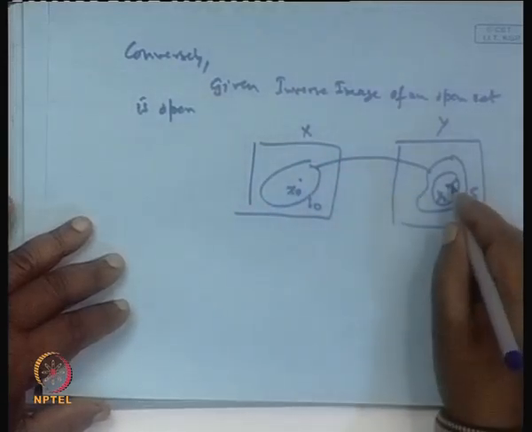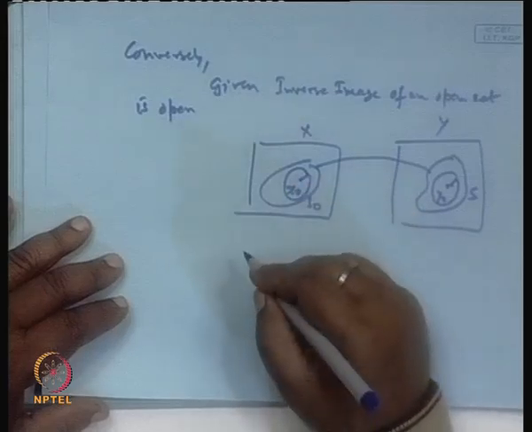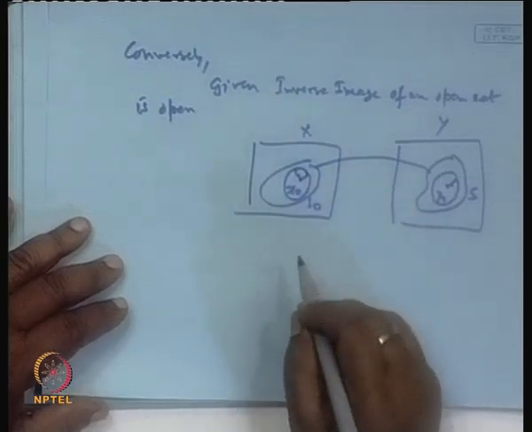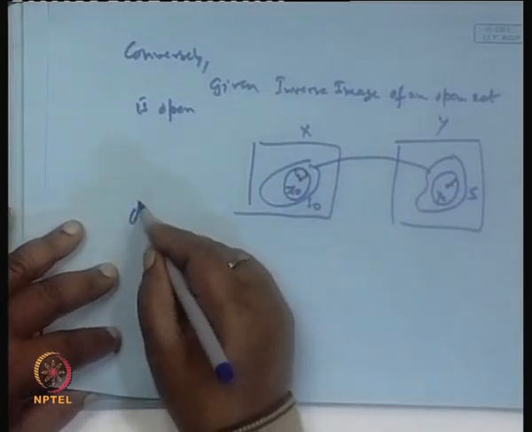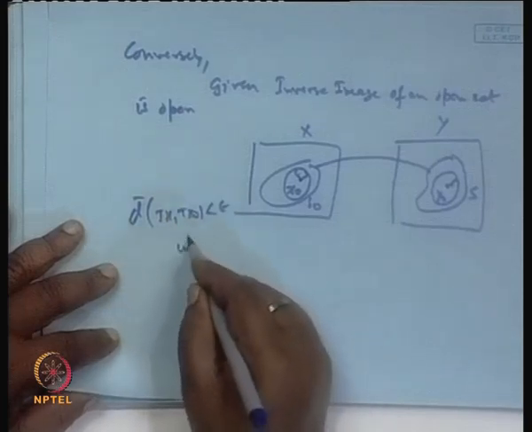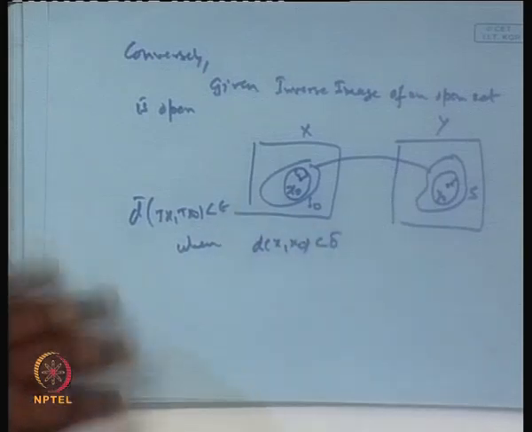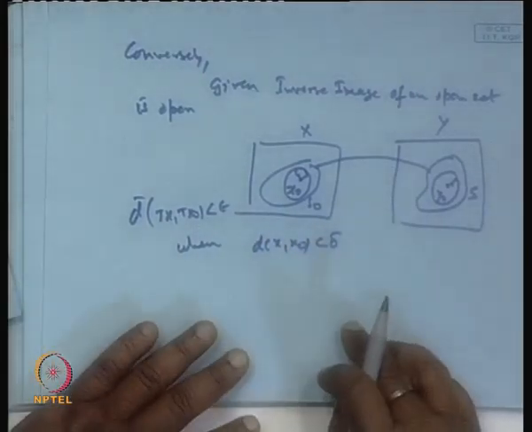So, for epsilon greater than 0, there exists a delta such that d bar of T x, T x naught is less than epsilon whenever d of x, x naught is less than delta. Is it not?